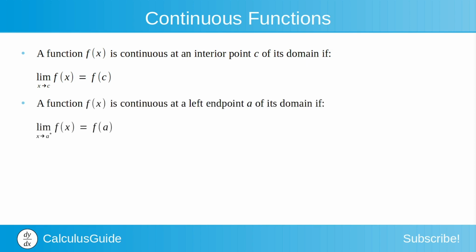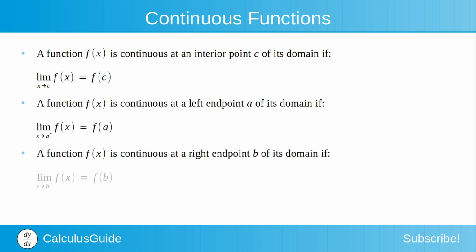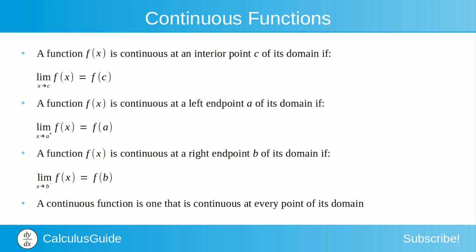A function f of x is continuous at a left endpoint a of its domain if f of x approaches the right-hand limit f of a as x approaches a. A function f of x is continuous at a right endpoint b of its domain if f of x approaches the left-hand limit f of b as x approaches b. And a continuous function is one that is continuous at every point of its domain.